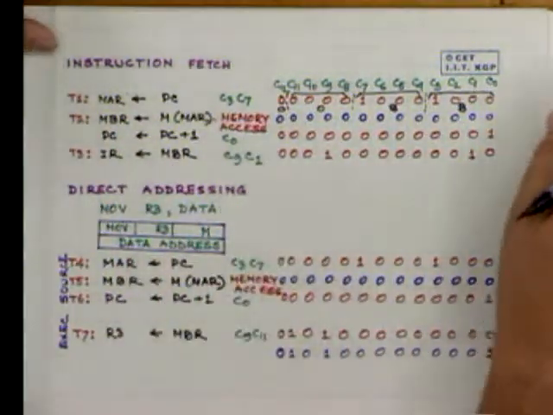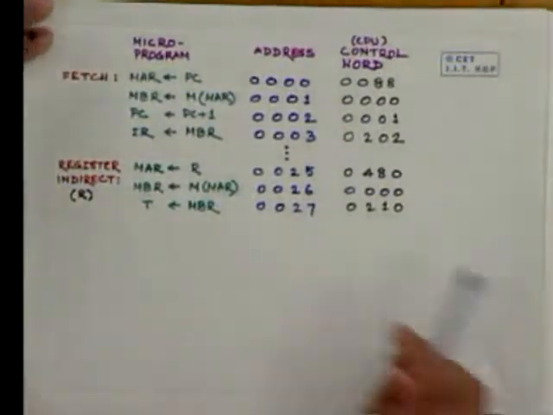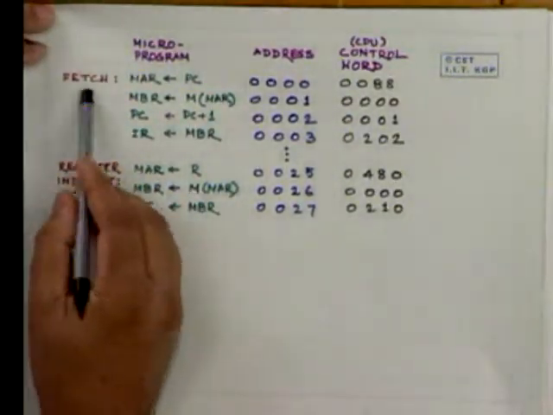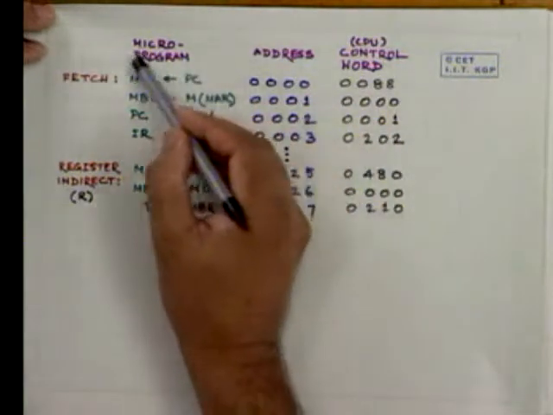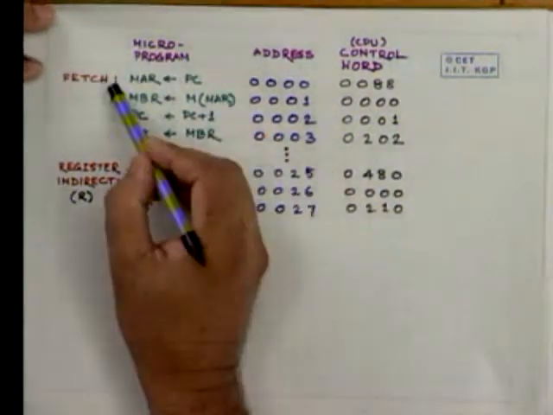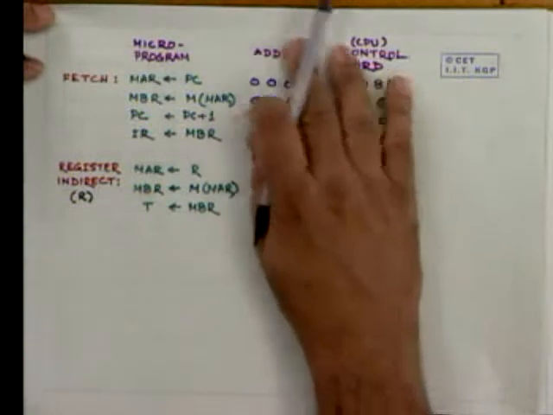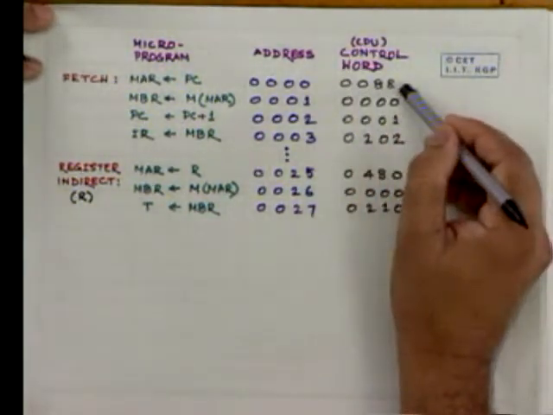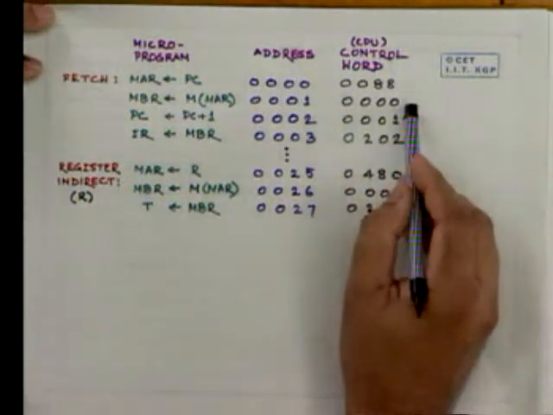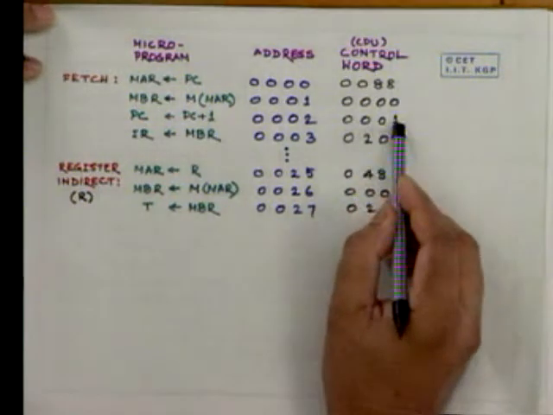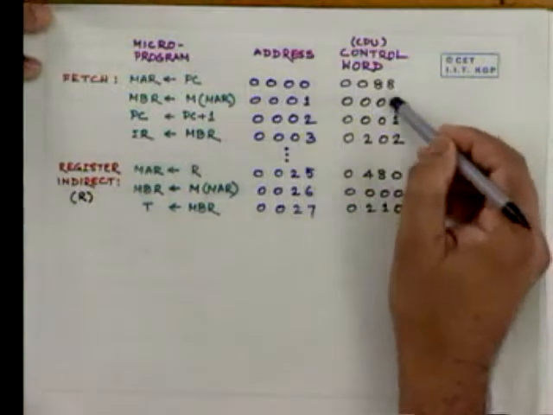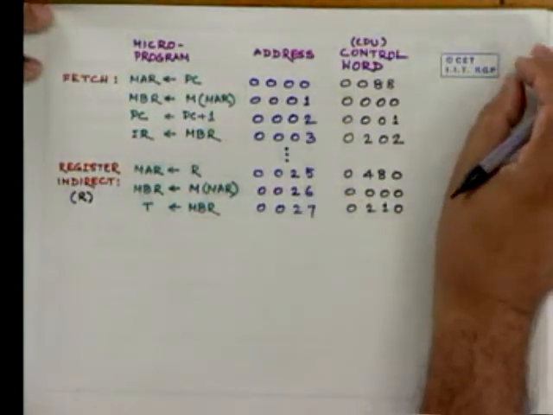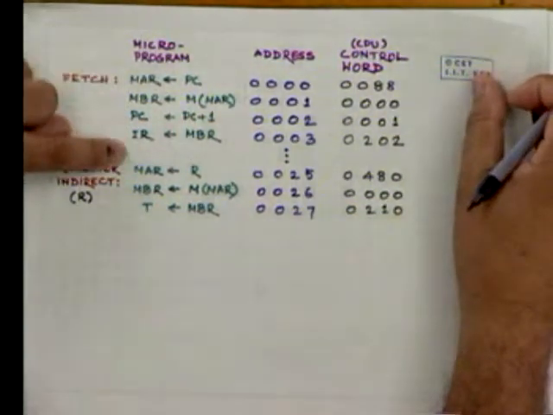Now, that fetch micro program in the symbolic notation is this. The control word for the micro program is 0088 in hexadecimal, then all zeros here, 0001 and 0202. These are the control words in hexadecimal for the corresponding micro instructions.